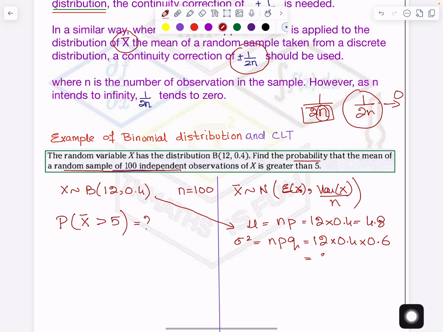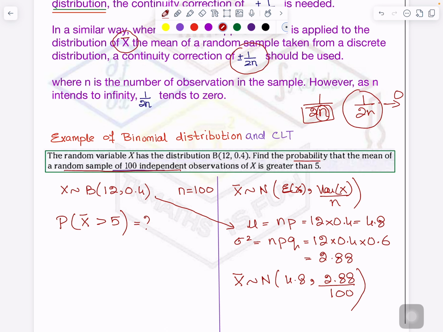This will be equal to 2.88. So now my distribution will become normal with mean 4.8 and variance 2.88 over 100. Now I can use it to solve the question, and since n is large, we can apply the central limit theorem.